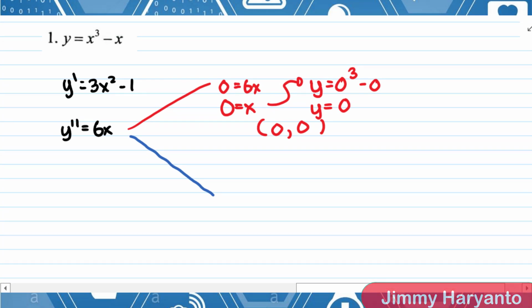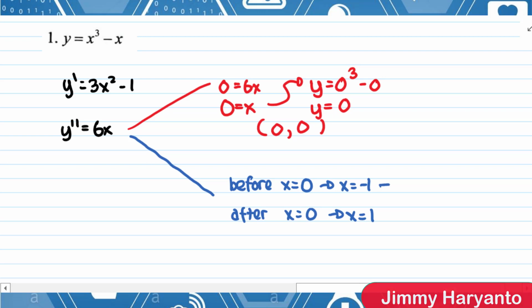Yeah, to determine the point, we have to find the before and after. So before x equals 0, I will take x equals negative 1. And for the after x equals 0, I will take x equals 1. And the value for negative 1 is 6 times negative 1 equals negative 6.